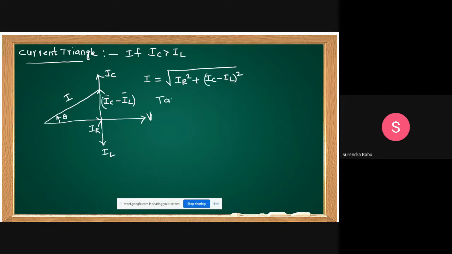What is tan theta? Tan theta equal to IC minus IL by IR. What is cos theta? Cos theta equal to IR by I. Yeah, this is important observations.